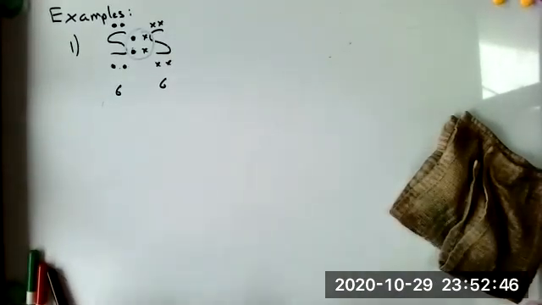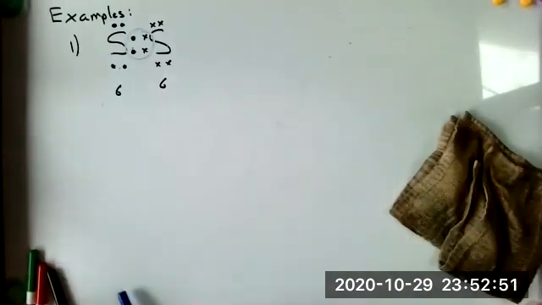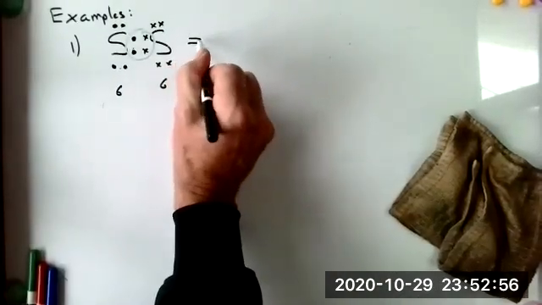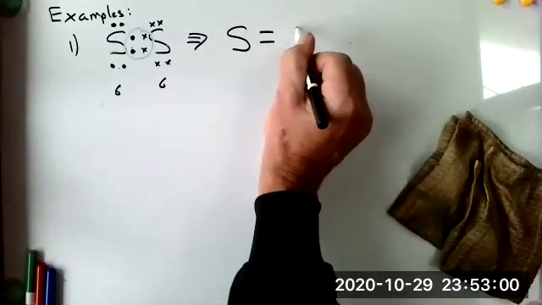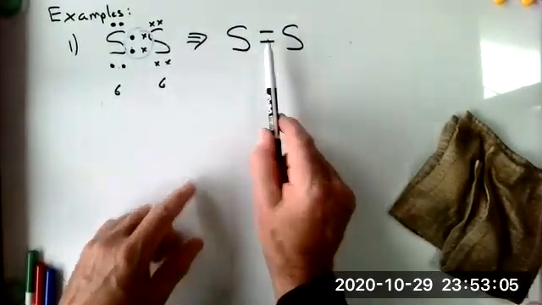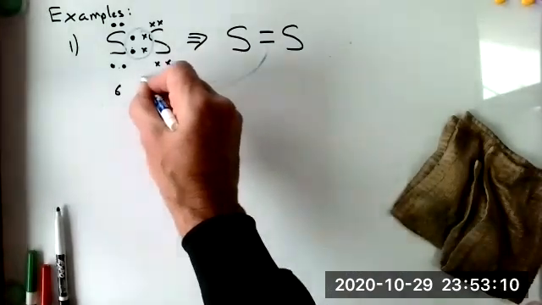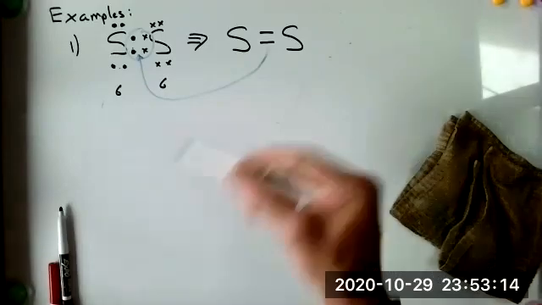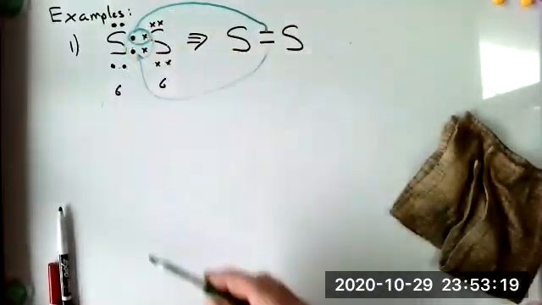Now, there is a shortcut. Here's the shortcut I was talking about earlier. The shortcut for writing this thing, which you're going to see a little bit later, would look like this. What they'll do is they'll use this bar that correlates with these two shared electrons, and this bar correlates to these two shared electrons.